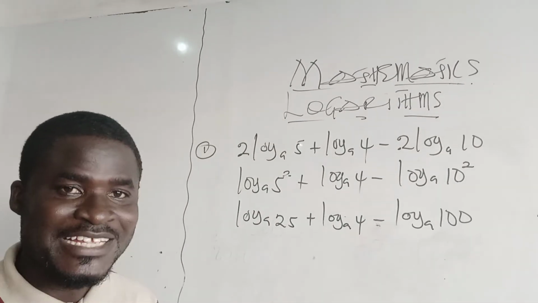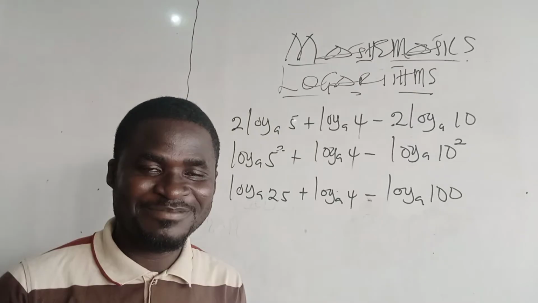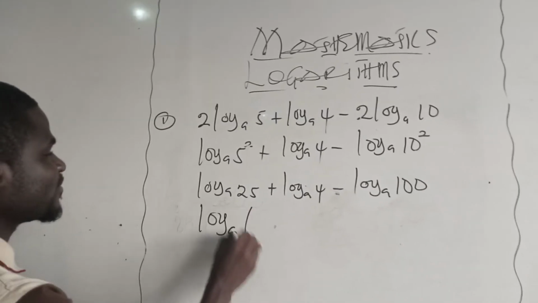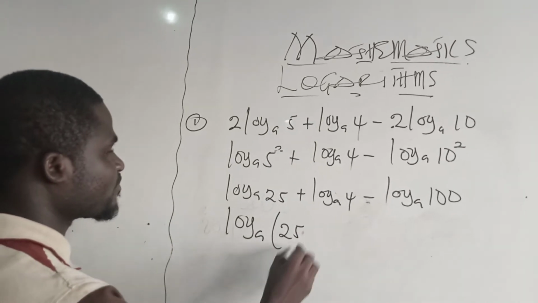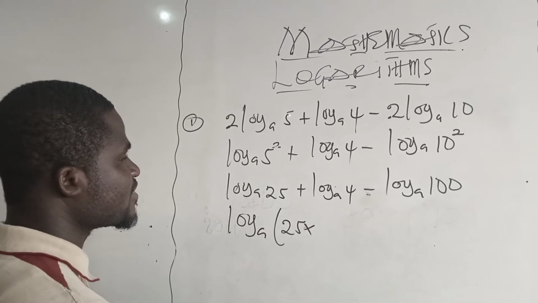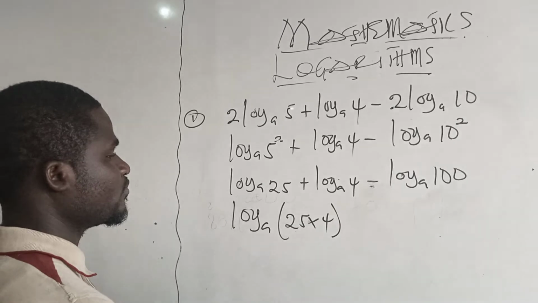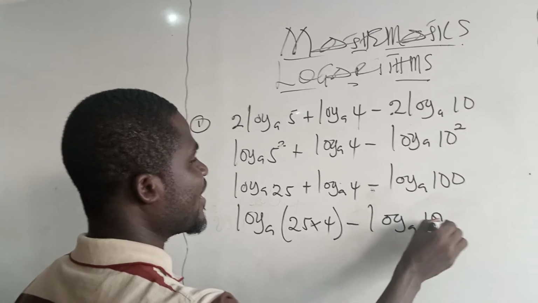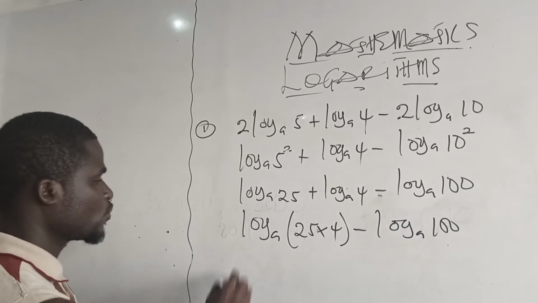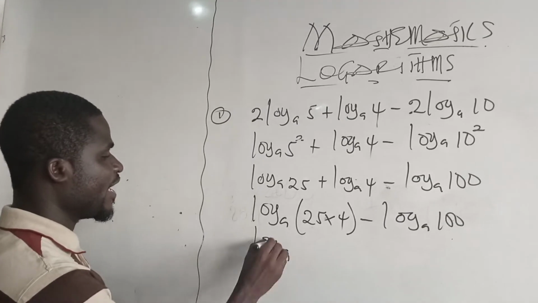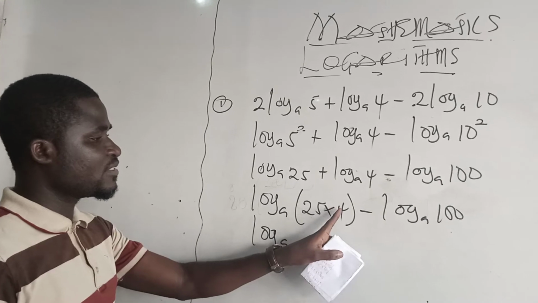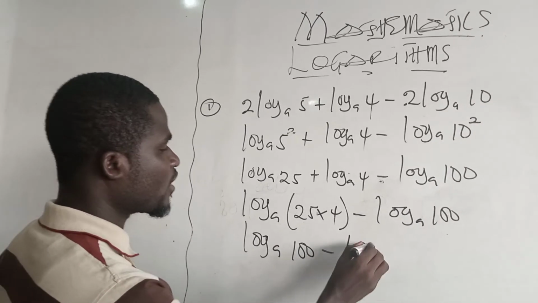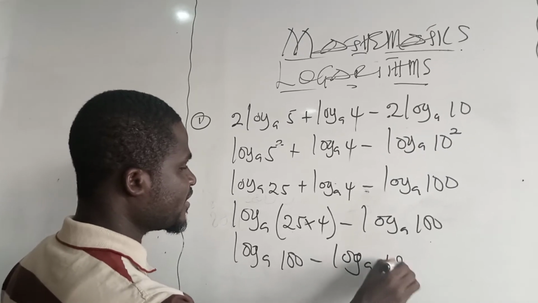The first law says that you should multiply the numbers. So we are going to have log a 25 times 4 minus log a 100. So we're going to have log a 25 times 4 will give us 100 minus log a 100.